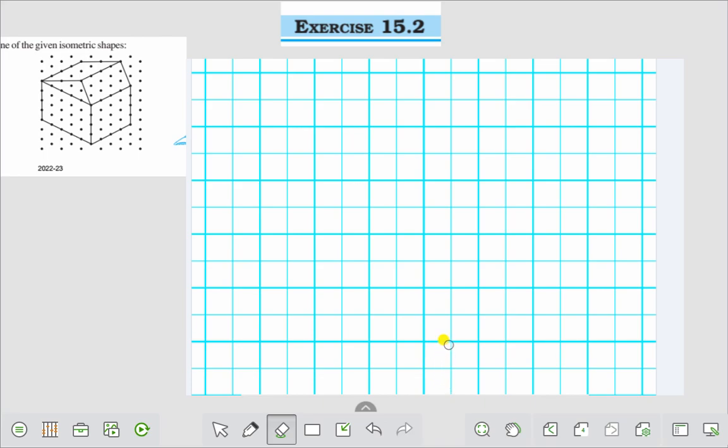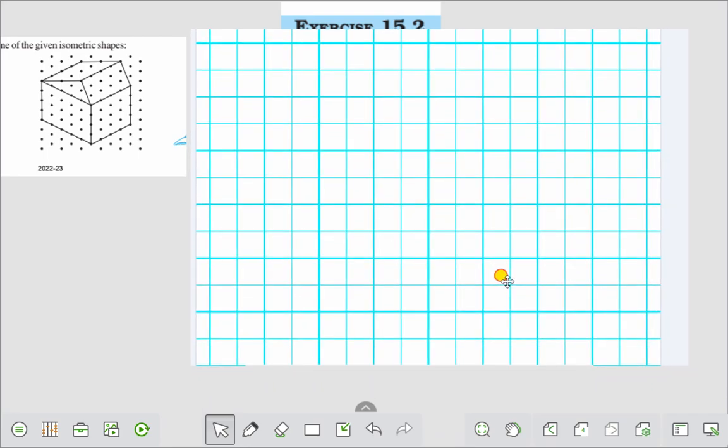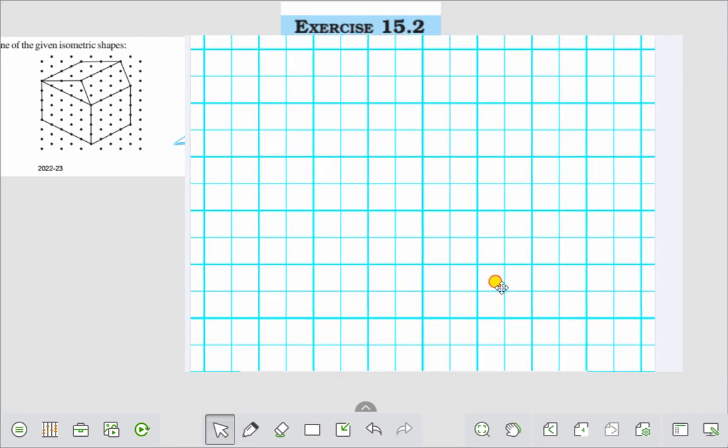Let us take 5 unit from here. That is 1, 2, 3, 4, and 5.